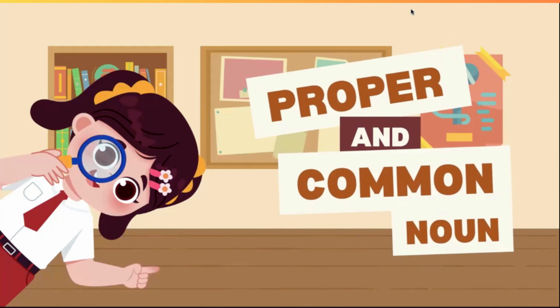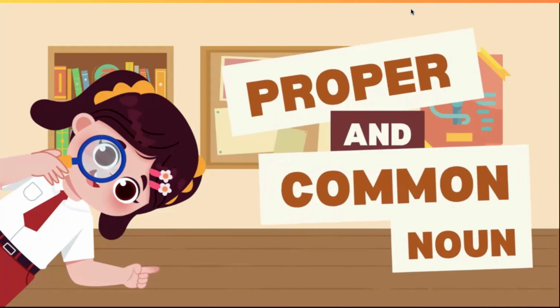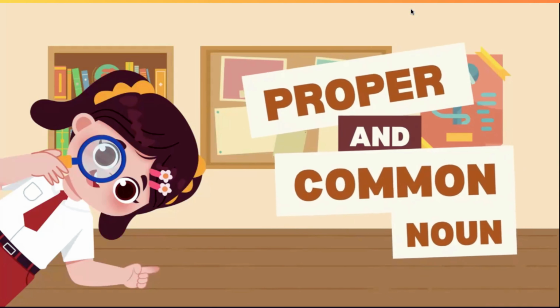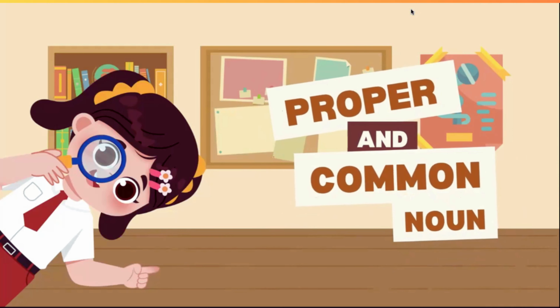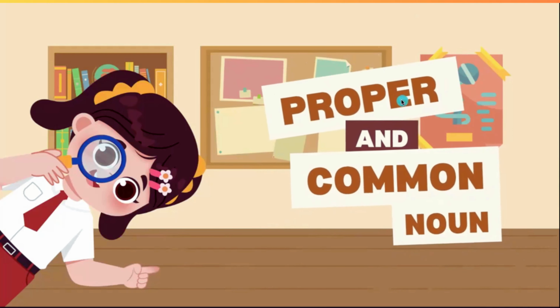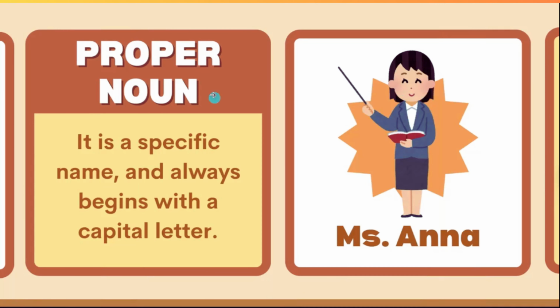Next, we are moving to the types of nouns. The first two nouns we are going to look at are proper and common noun. Proper noun is a specific name, a particular name, and always begins with a capital letter, like the name of a particular person, place, or thing.